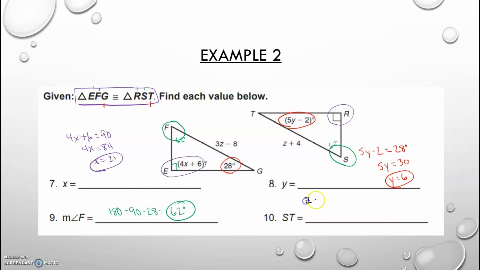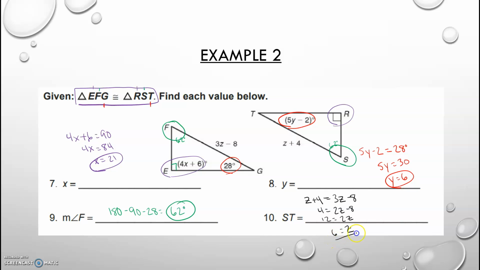So Z plus 4 has to equal 3Z minus 8. So I'm going to subtract Z from both sides. 2Z minus 8. I'm going to add 8 to both sides. 12 equals 2Z. And I'm going to divide by 2, and Z equals 6.